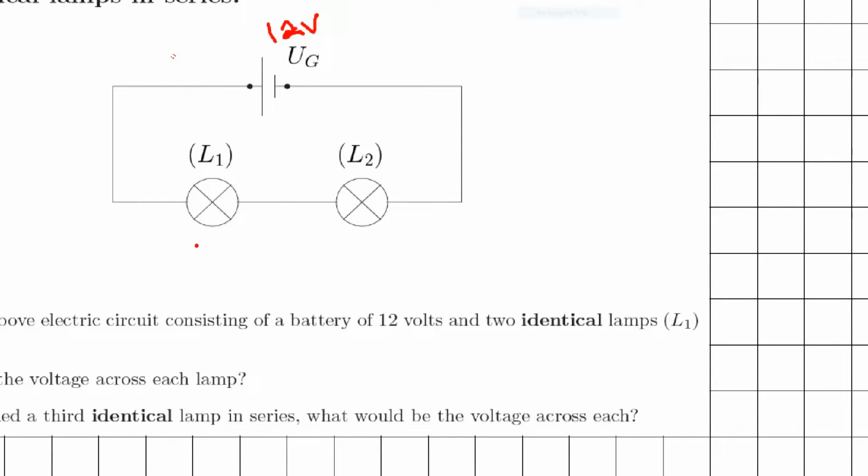So this voltage will be exactly equal to this voltage. So suppose that this voltage is U and this is U, and the sum of these two is equal to 12. So what's the number that we add twice and gives us 12? It is simply 12 divided by 2. So each of these lamps will consume a voltage of 6 volts.